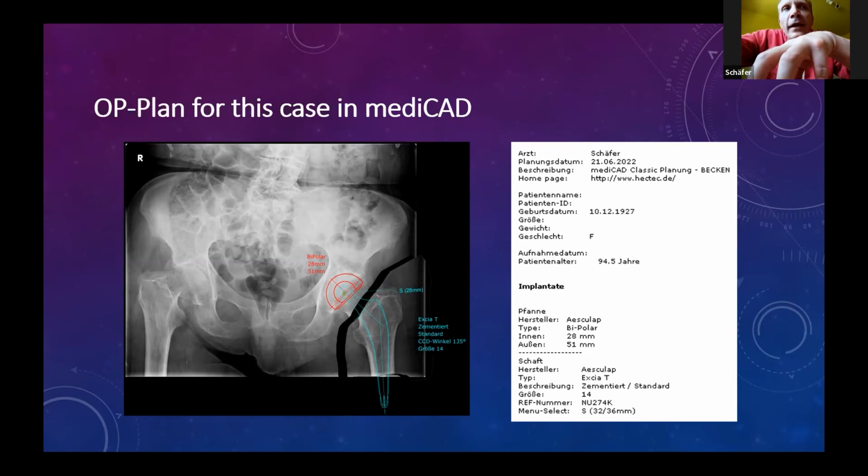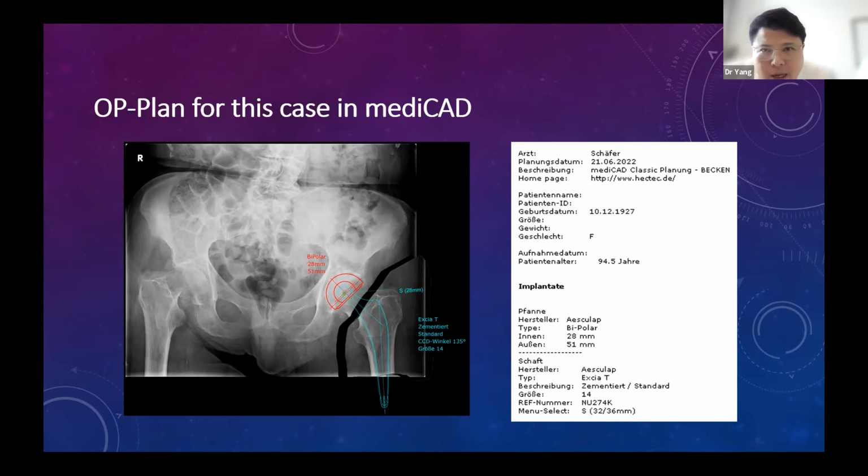I know many colleagues here in Germany do know this plan. They know anterior-posterior, and that will function. I know in more than 90% of patients, just doing the AP is enough.